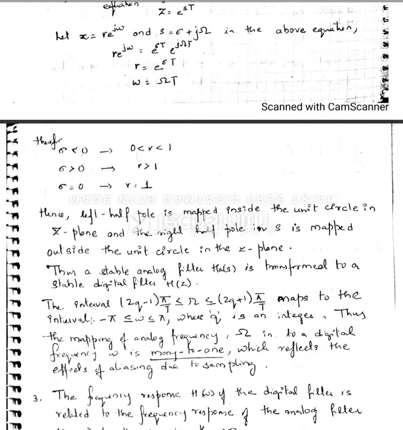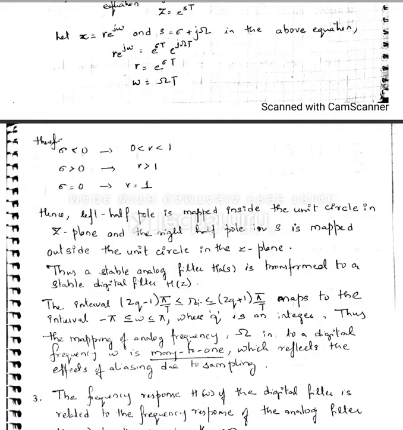And if your analog frequency lies within this particular range, it will be mapped to these values of your digital frequency. Clear? Where q will be an integer, any value with respect to q.